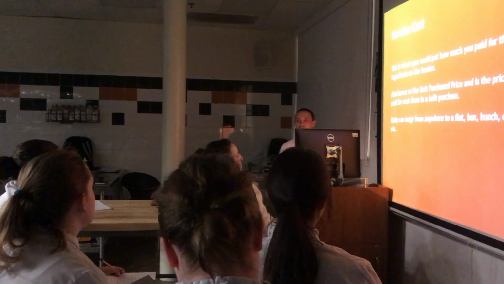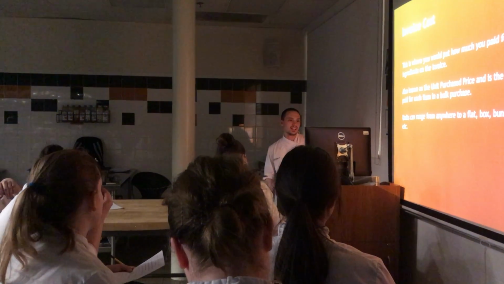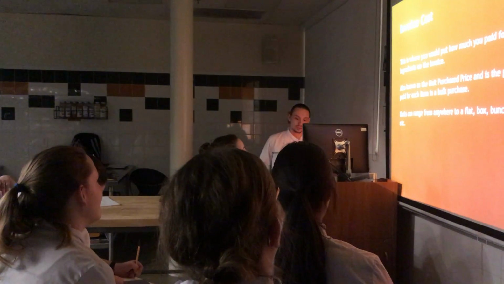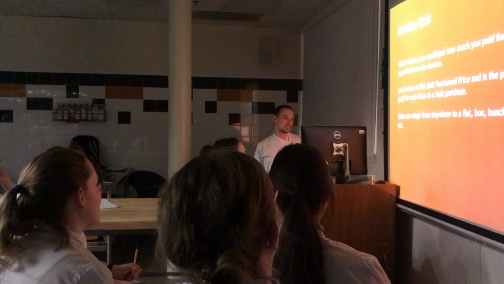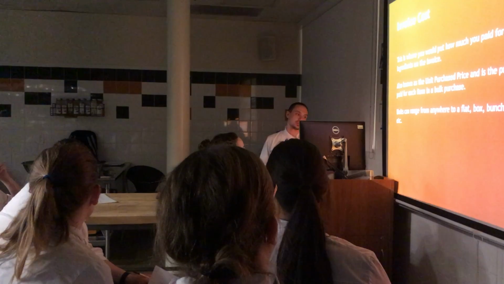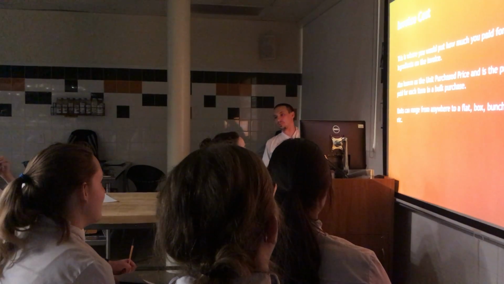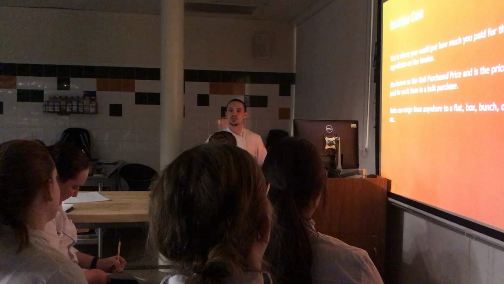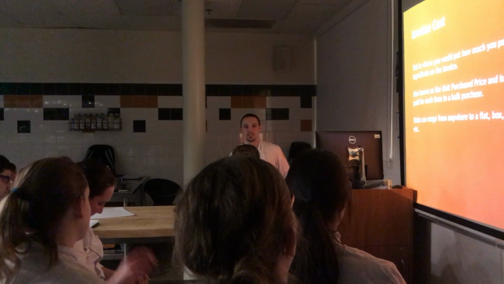So now you need to know the invoice cost. This is where you put how much you paid for the ingredients on the invoice. It's also known as the unit purchase price and is the price paid for each item in a bulk purchase. Say you get 25 pounds of chocolate chips and you're paying $70 for that.